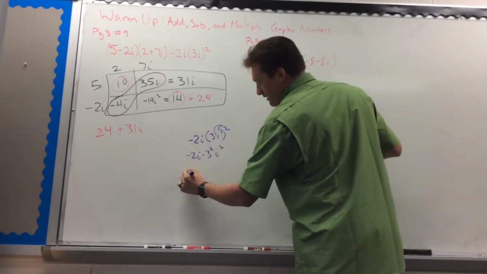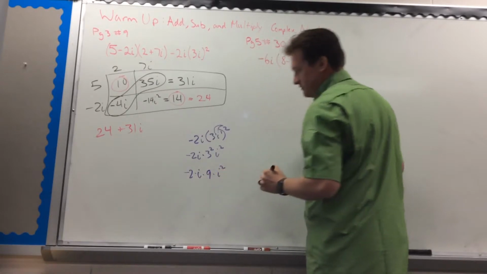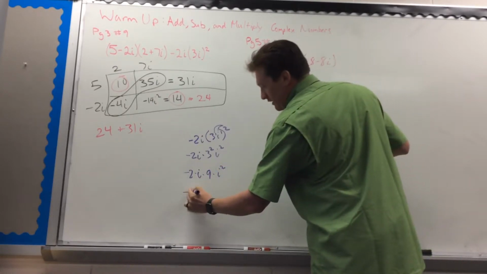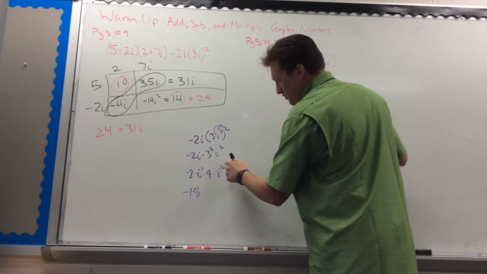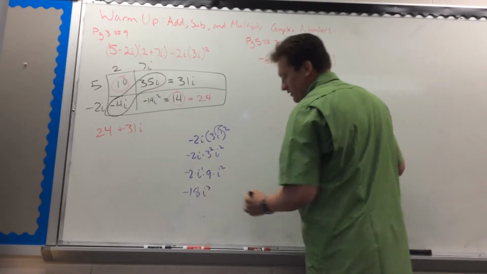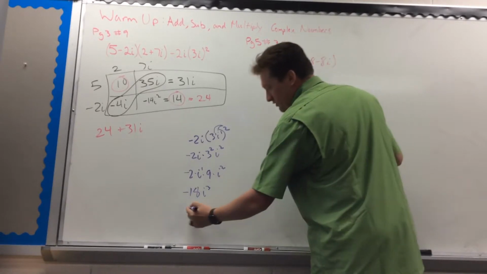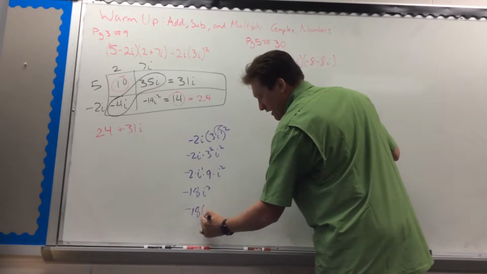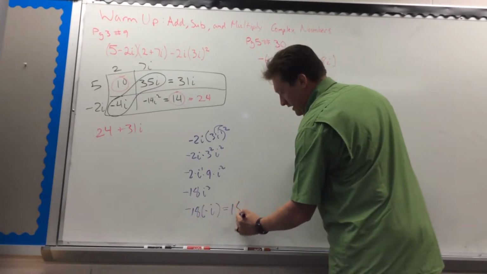So here I've got negative 2 times i times 9 times i squared. Put everything together, I've got negative 18. And then I've got 1, 2, 3 i's, i to the third power. And i to the third power is equal to negative i. So I've got negative 18 times negative i, which is going to give me 18i.